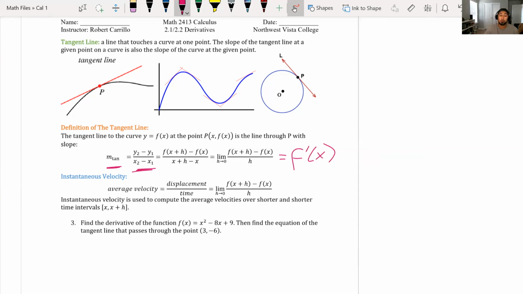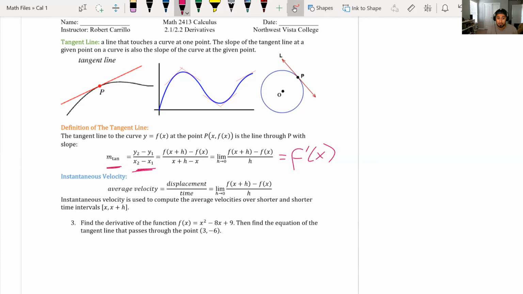Because if we're looking for instantaneous velocity, that means we're looking for velocity at one exact point, which means we're looking for a rate of change, a slope at one exact point, which means we're also finding the derivative. It has multiple meanings, but the formula does not change.